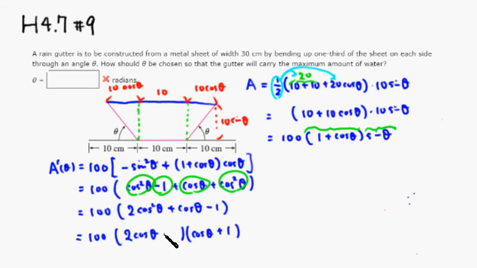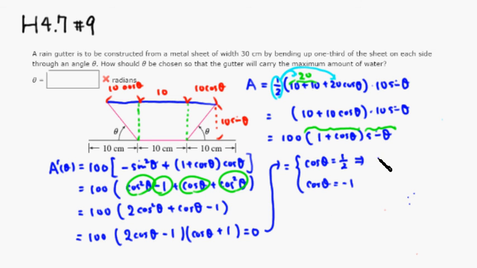If you set that equal to 0 to find a critical number, we want the cosine of theta to be 1/2, or cosine of theta to be negative 1. Cosine of theta equals 1/2 would be theta equals pi over 6. And for cosine of theta to be negative 1, theta is going to be pi.